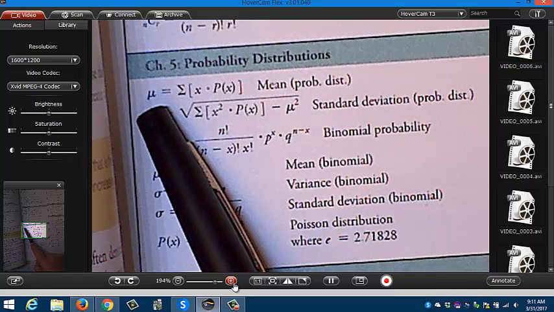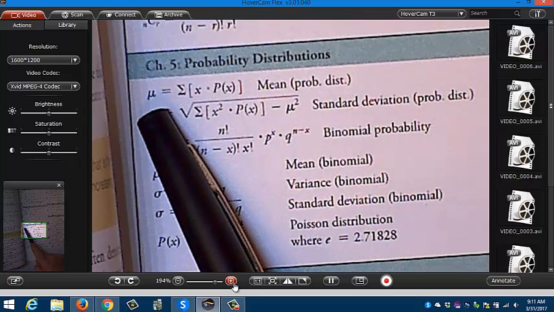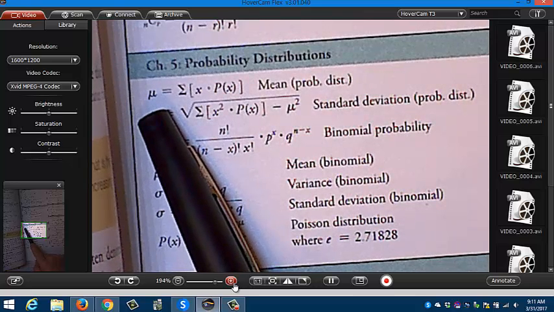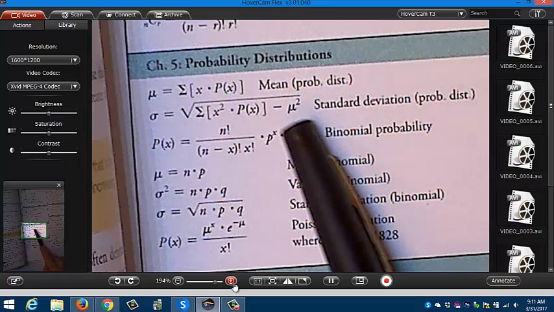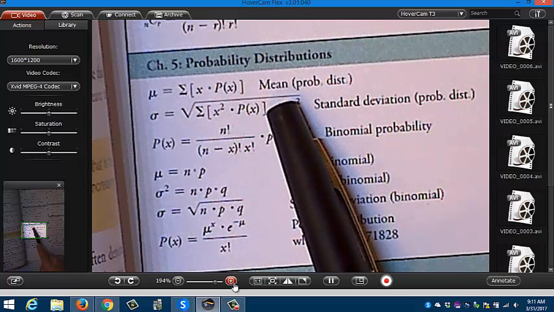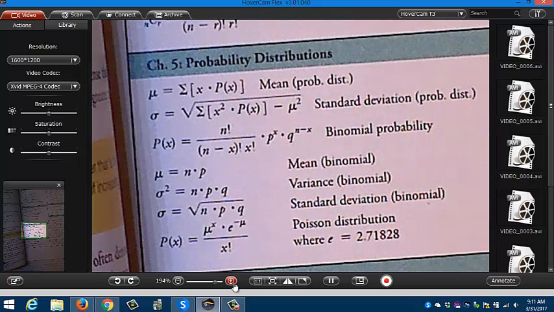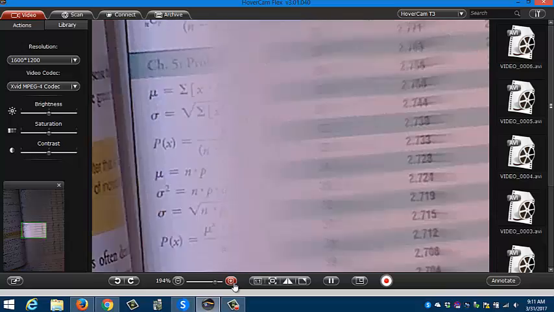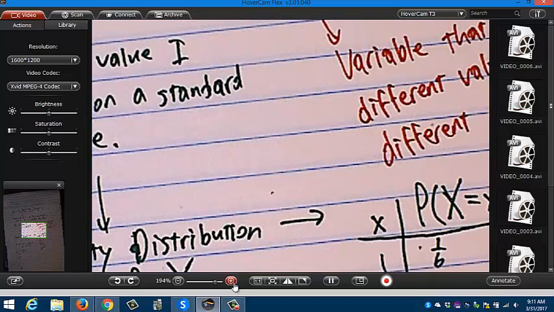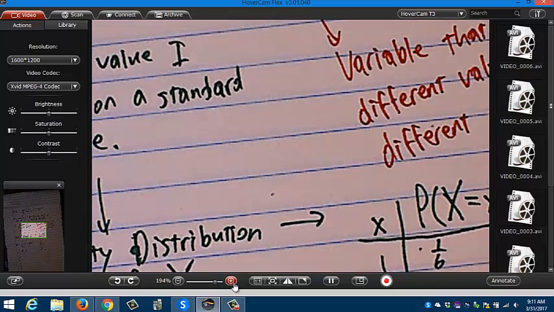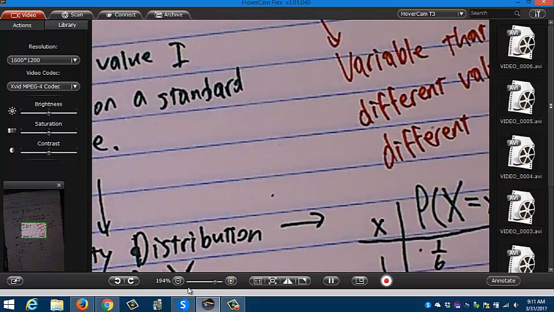It's the Greek letter M, but why do they use the Greek letter M? Because they're talking about a mean. Okay? So mu, it says, is the sum of the x's times the probabilities. Well, okay, let me write that down. The formula is too big on my paper.